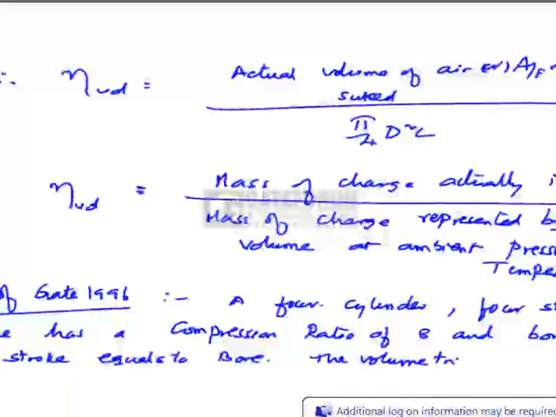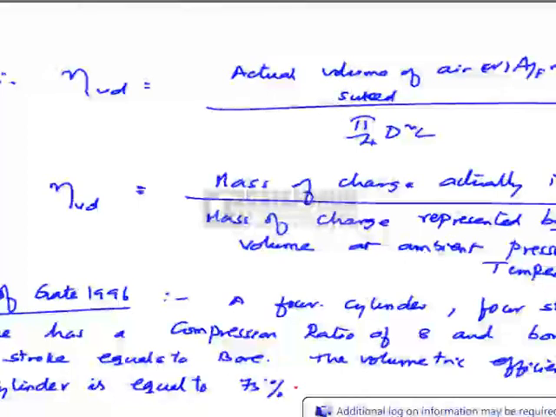The volumetric efficiency of each cylinder is equal to 75%.